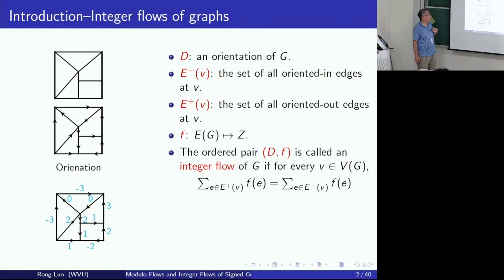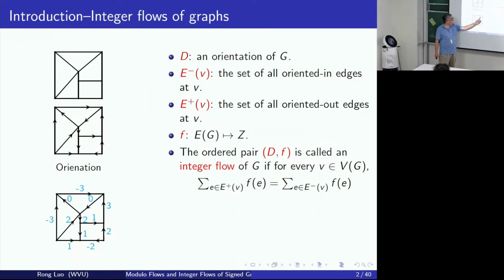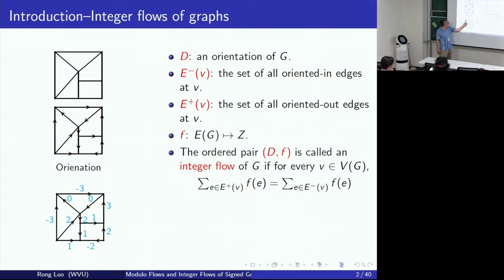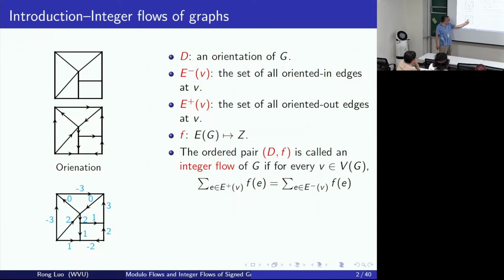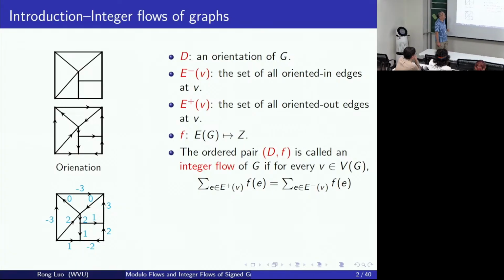Look at this vertex: we have two edges oriented in, so the total inflow is 2, and two edges oriented out, 0 and 2, so the total outflow is also 2. You can check that at each vertex the total inflow equals the total outflow. So this is an integer flow.